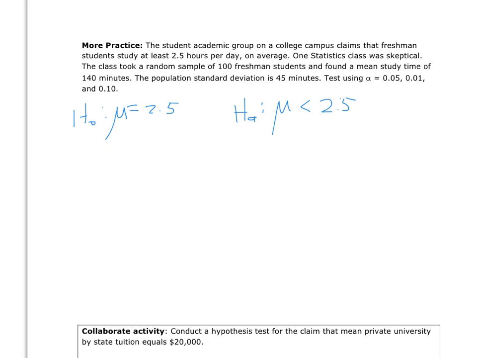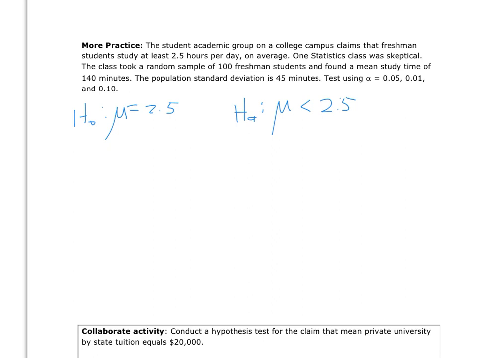Okay, now for the test statistic, we can determine that the sample mean is going to be normal here because we have a known standard deviation from the population and a sample of greater than 30. The other thing we have to keep in mind here is we are given time in 2 units, hours and also minutes. Well, we want to put that all in the same unit. So let's convert minutes to hours.